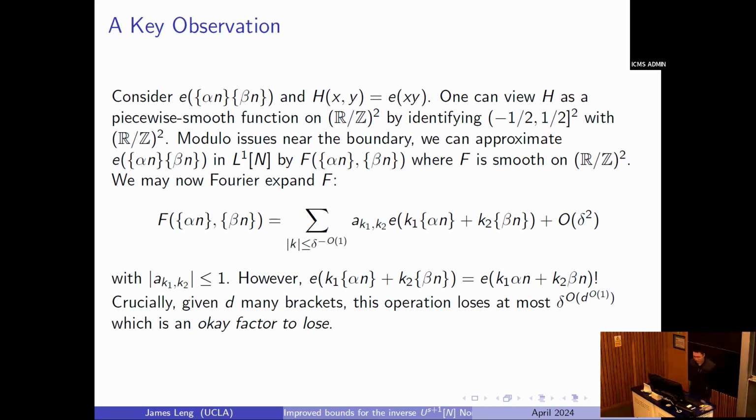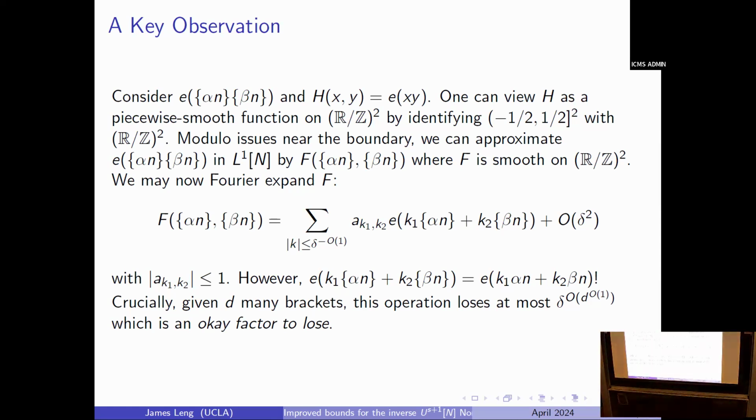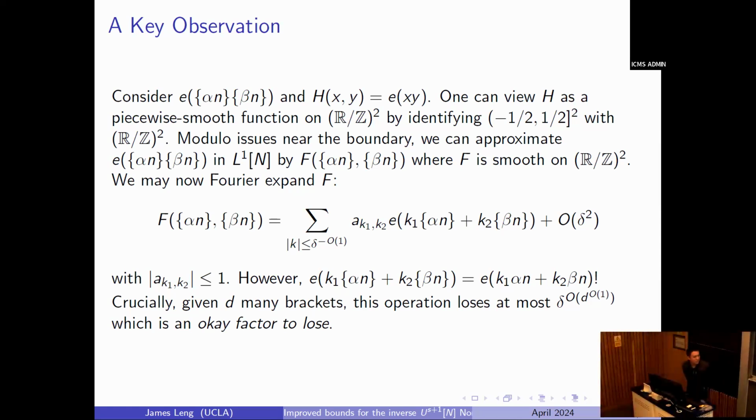One thing I'll remark, which this doesn't really quite prove, is that if I have d many brackets, this operation loses at most delta raised to some polynomial in d. Actually, the procedure I do, if you iterate this many times, you would get delta to the exponential of d.